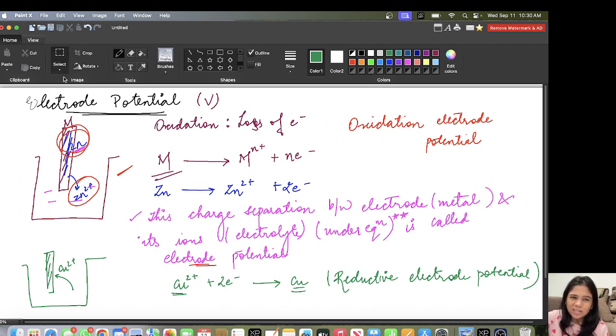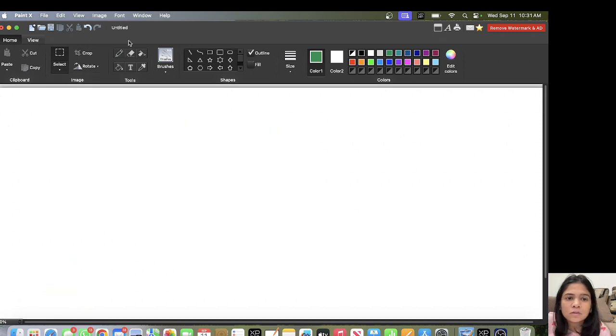Now there is one more thing you should remember: the inert electrode. What is an inert electrode? Inert means it's not reacting with any of the solution.